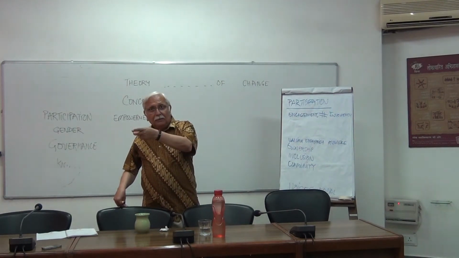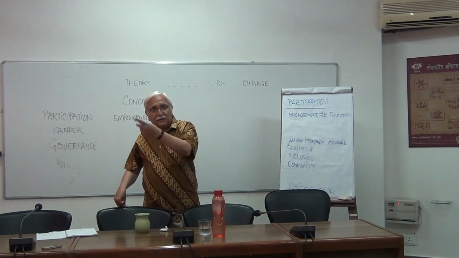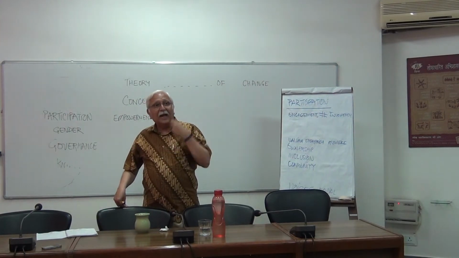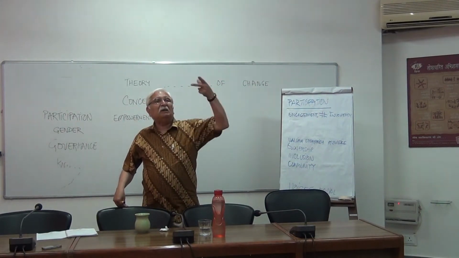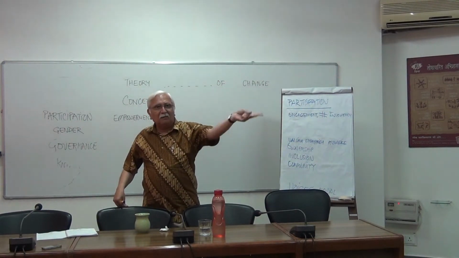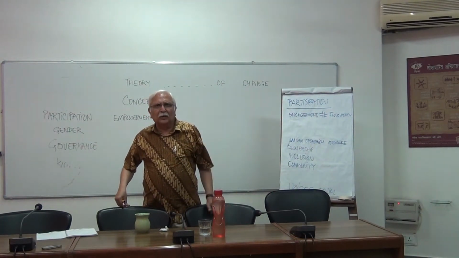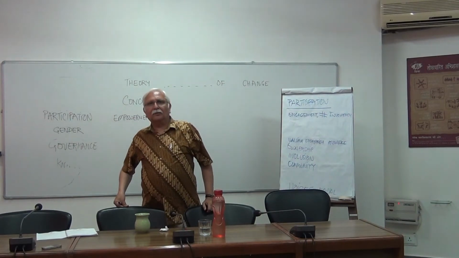And materially, I have more control over resources than you. Intellectually, I sound superior in knowledge. All of us are intellectual arrogance running around in rural areas because we are qualified.